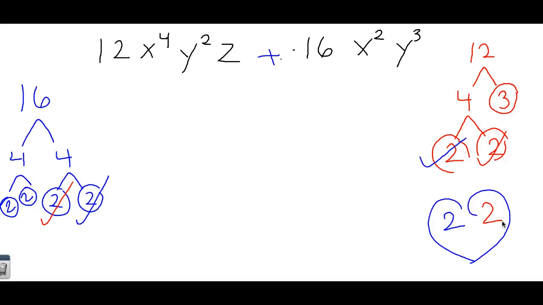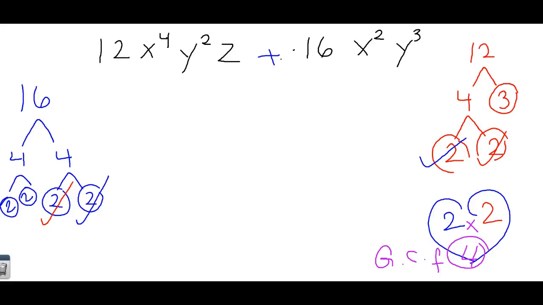Is anything else common? Well, no. So 2 times 2 is a 4. So my GCF is 4.